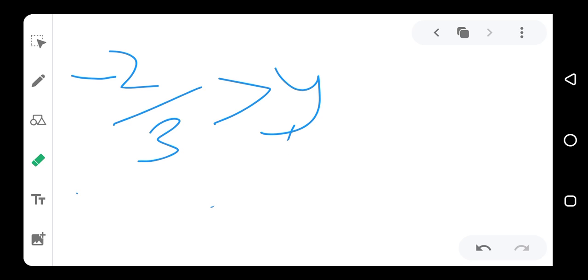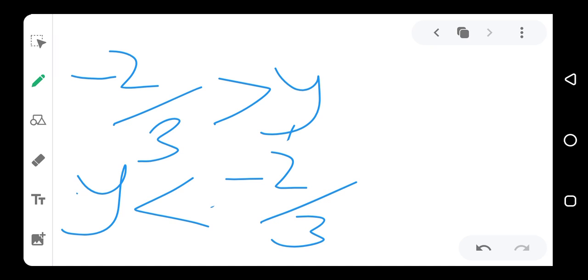So we have that if we place y here, then this greater than is now going to change to less than. So y is less than minus 2 over 3.